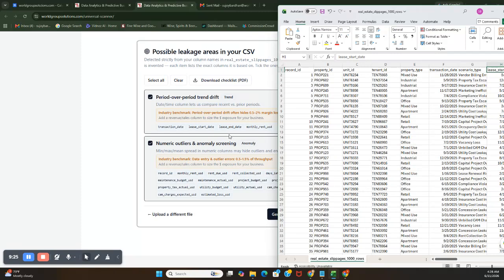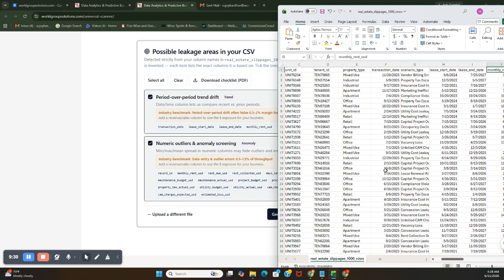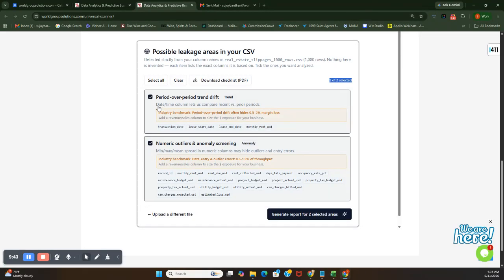It is looking at lease end date, which is this date. And it is finally looking at month rent USD. So these are the columns it is looking at, and based on that, it could figure out that there are issues here, and the issues are to do with period over period trend drifting.